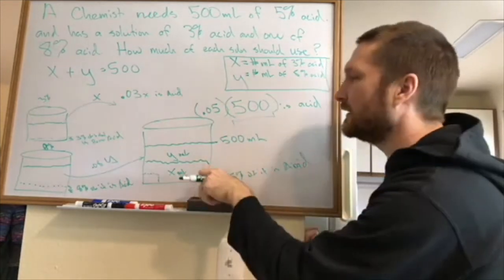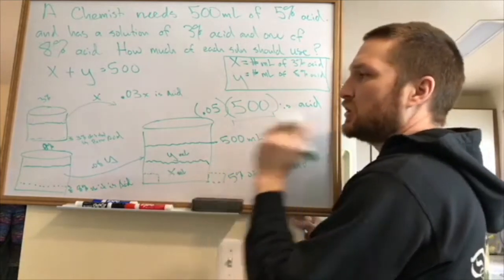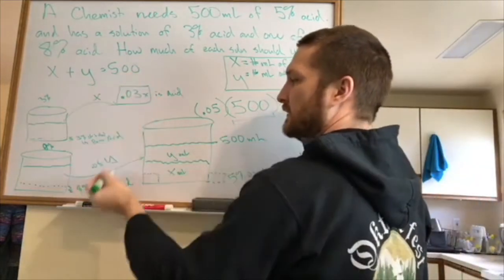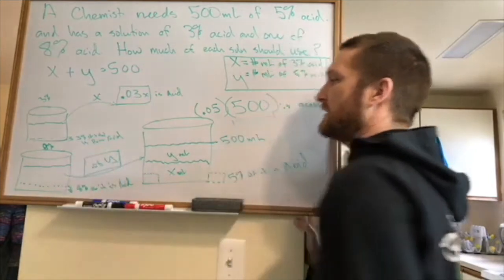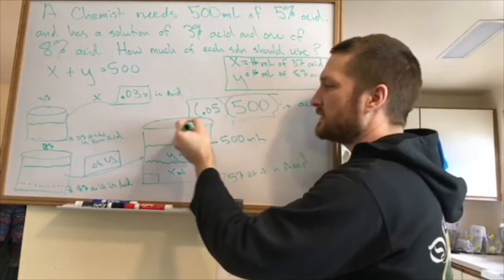So finally, my second equation should be this much acid plus this much acid equals this much acid.